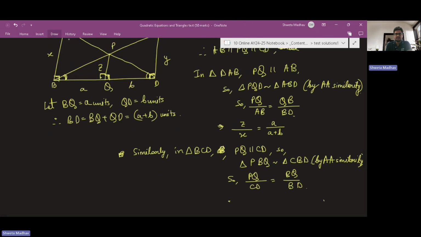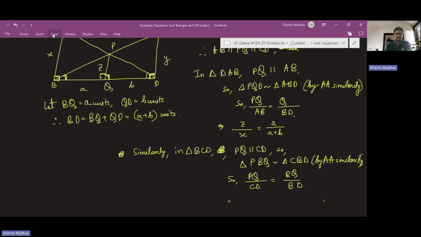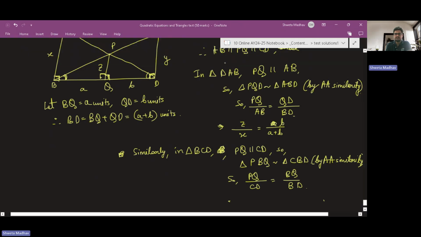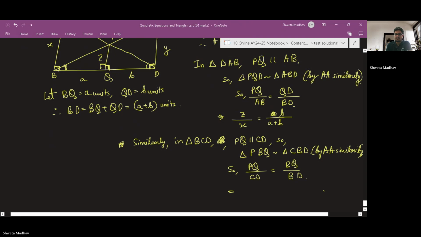Sorry, here there is something wrong. Here PQ by AB should be equal to QD by BD. So this will be B by A plus B. And this is PQ by CD, that is equal to BQ by BD. So now, therefore PQ, that is Z, Z by CD, that is Y, will be equal to BQ, that is A by A plus B.